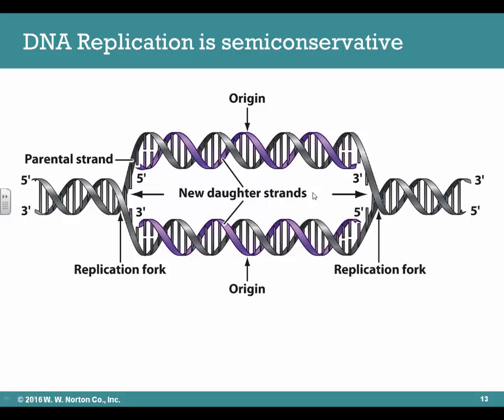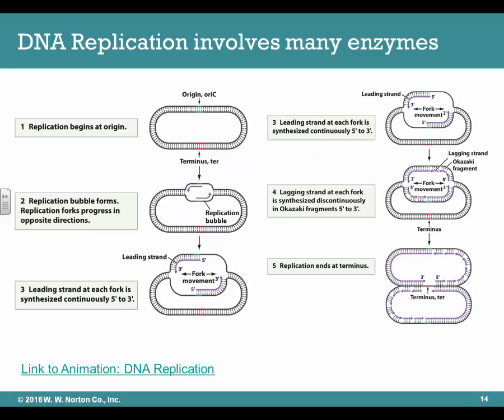And what's not shown here are those enzymes, in fact. So the enzymes, they start at the origin and they end at the terminus. This bubble that forms is a separation. So the hydrogen bonds that are holding that DNA double helix together are broken in the presence of the DNA polymerase.